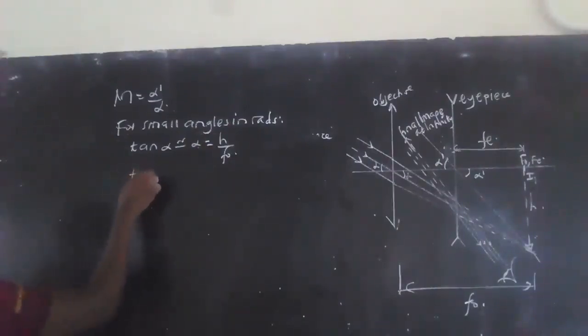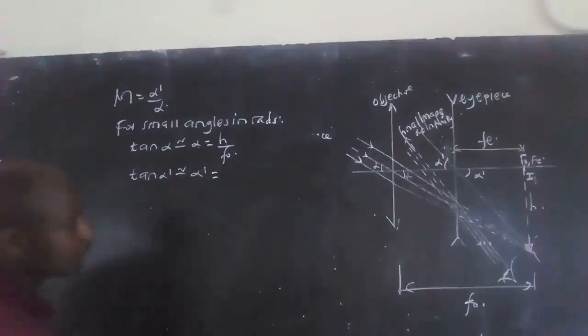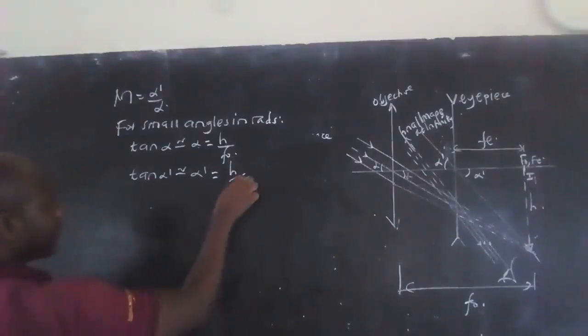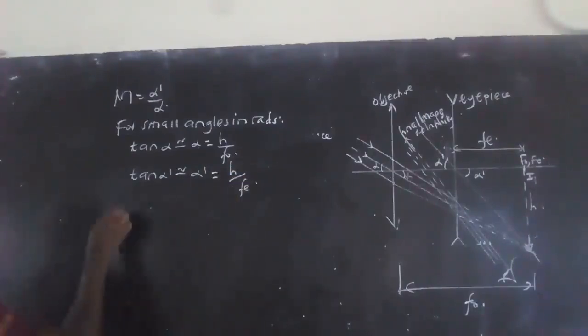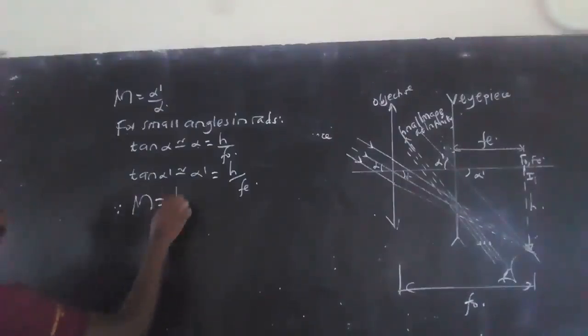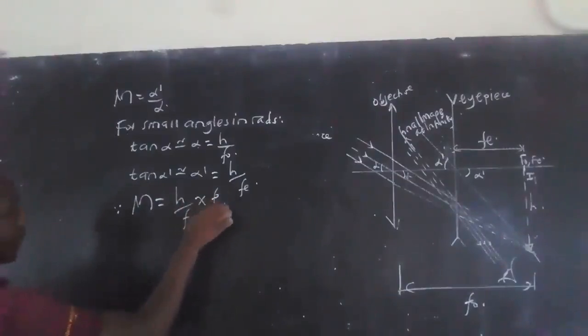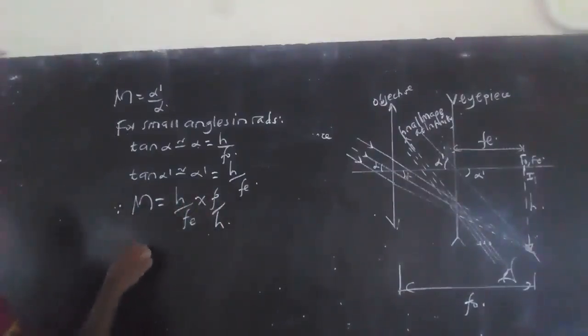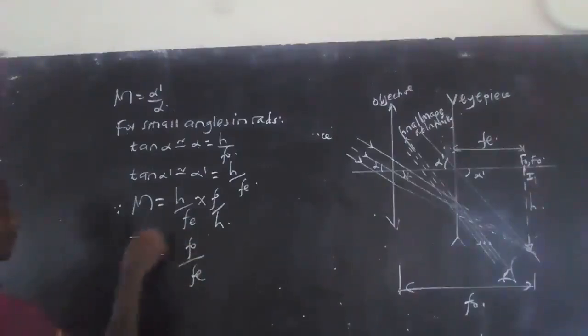Tan of alpha prime is approximately equal to alpha prime, which is opposite, that is h divided by adjacent, which is FE. Therefore, the magnifying power will now become h out of FE times F naught over h. So magnifying power will become F naught over FE.